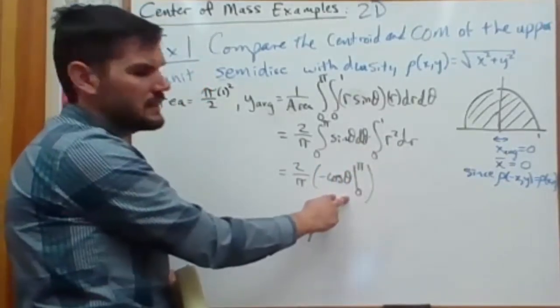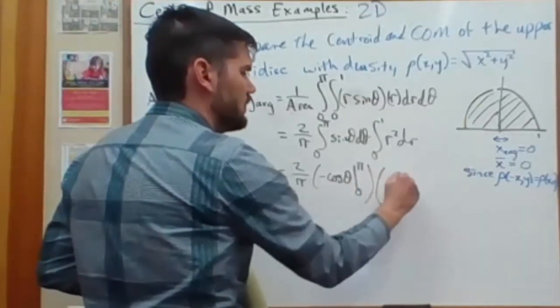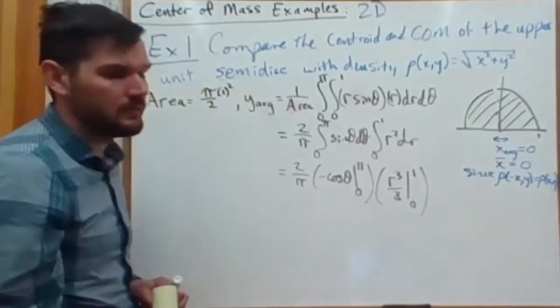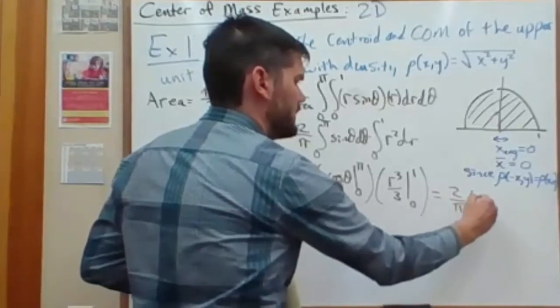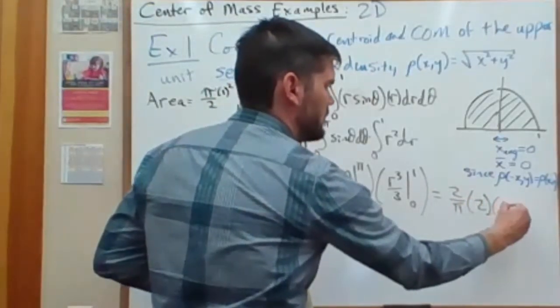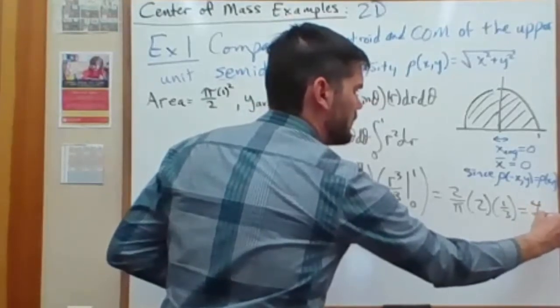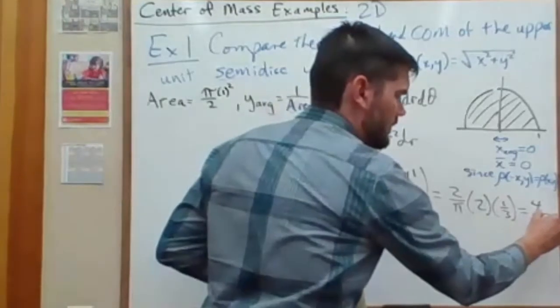This is 2, minus a negative 1 plus 1. And this one is 1/3 the value. So we get 2 pi times 2 times 1/3, which gives us 4 over 3 pi.